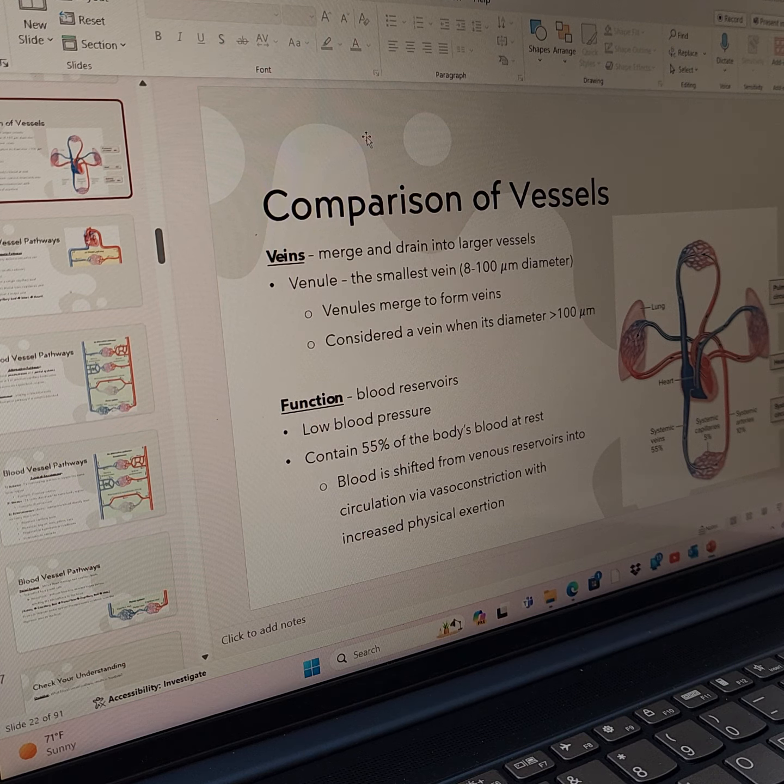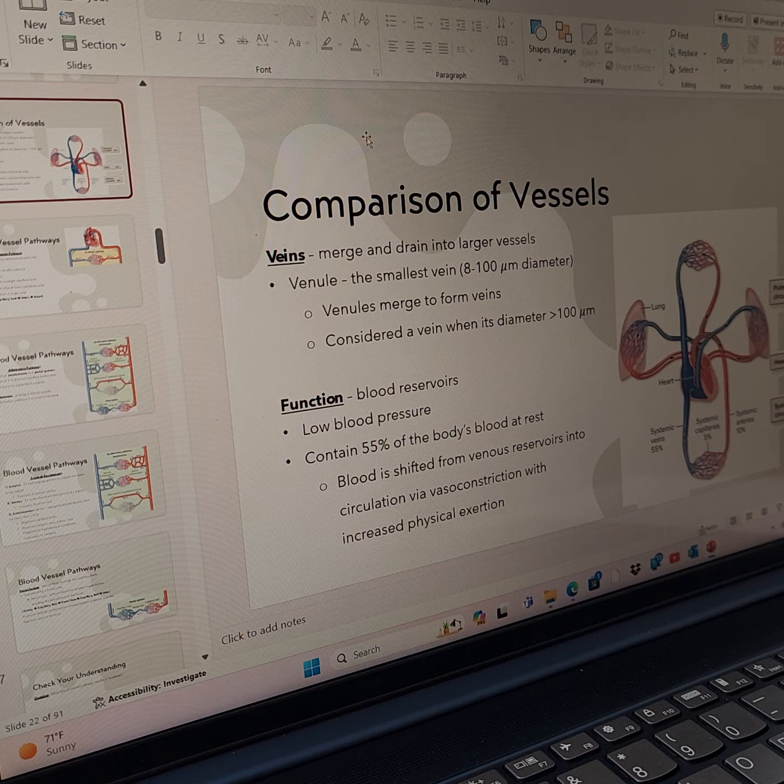Comparison of vessels. Veins merge and drain into larger vessels. Venules are the smallest veins, and they're only 8 to 100 nanometers. The venules merge to form veins. It's considered a vein when its diameter becomes larger than 100.